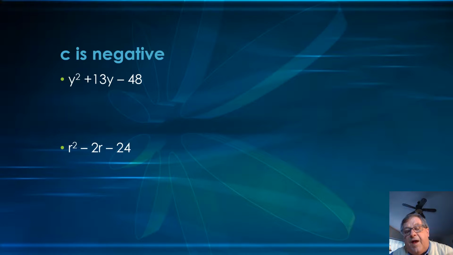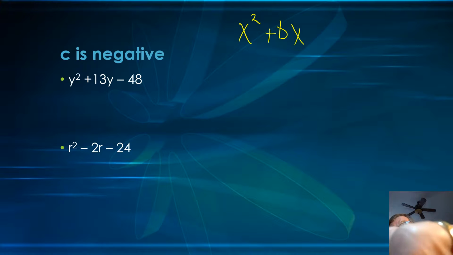We've considered factoring of a quadratic equation or expression in standard form, which would be x squared plus bx plus c. We've considered it when both the middle term and the last term were positive.